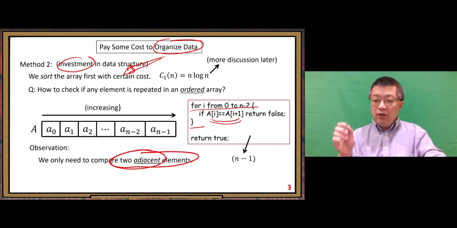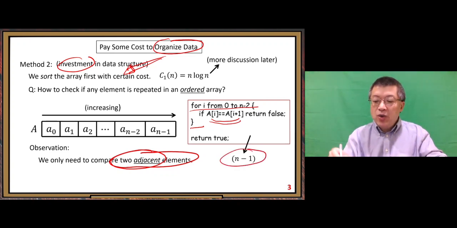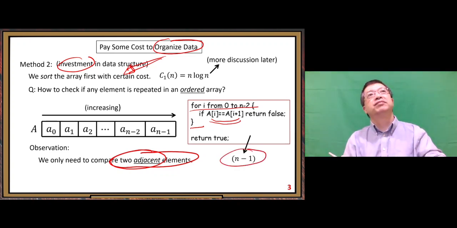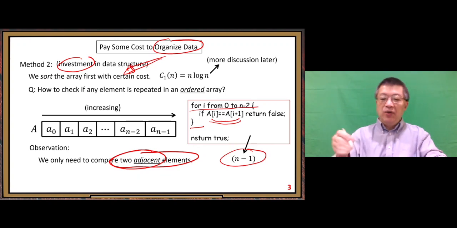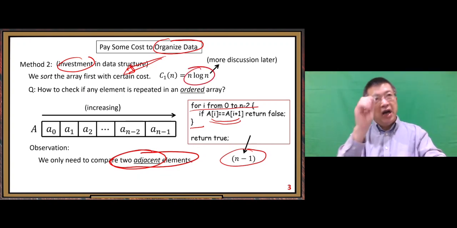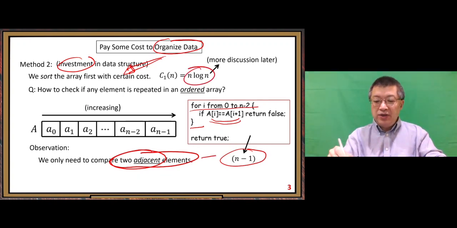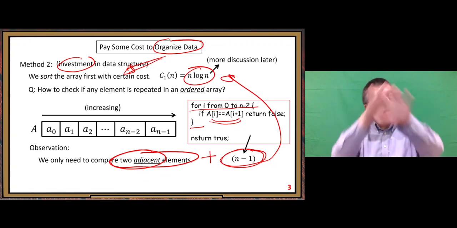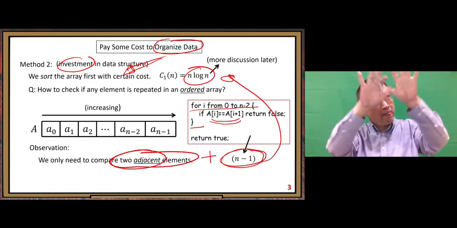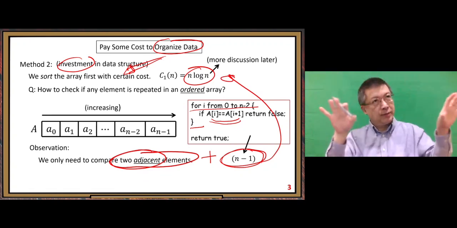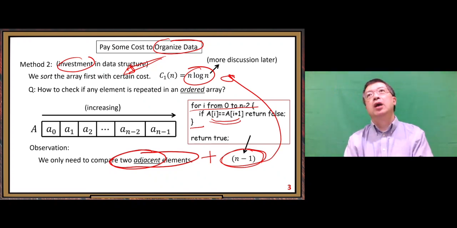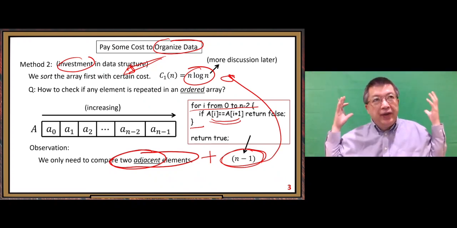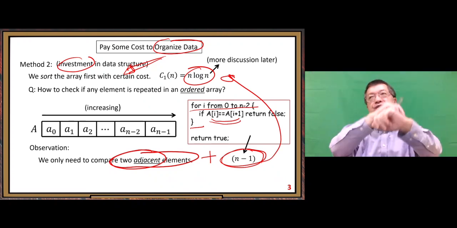The worst case efficiency is n-1 comparisons. So now you can see we pay this cost, and after that we need to pay another cost. Together, that's the total cost. Now we get results of two methods.